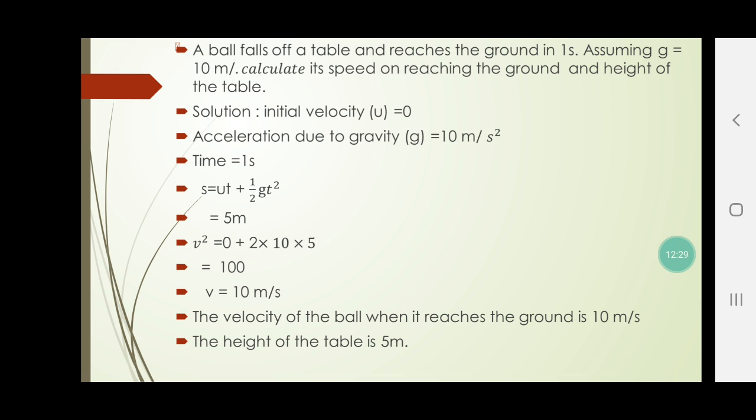So value of s will be equal to 5 m. Now to calculate the speed, v square is equal to 0 plus 2 into 10 into 5, so that is equal to 100. So v will be equal to 10 meters per second. So the velocity of the ball when it reaches the ground is 10 meters per second and the height of the table is 5 meters.